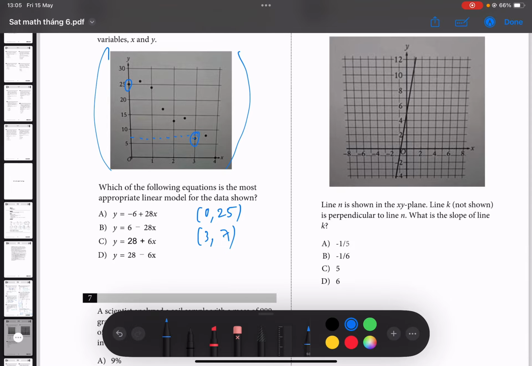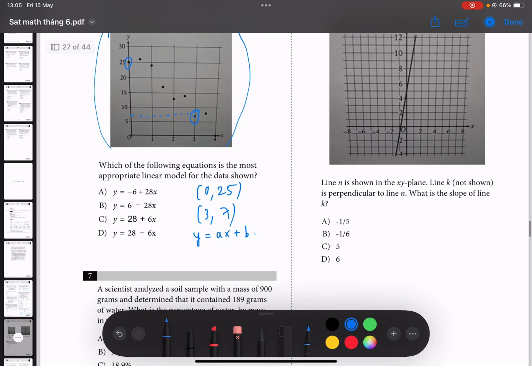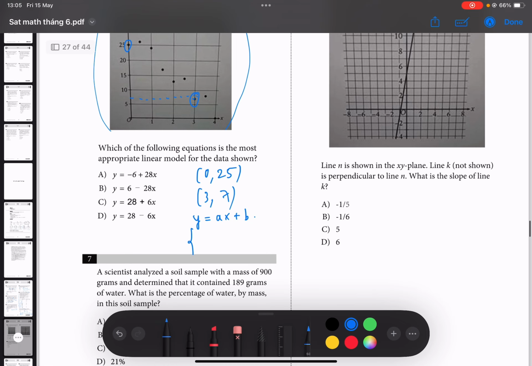So you have these two points, and the linear model will have this formula, y equals ax plus b. You substitute x and y of these two points, and you will have a system of equations: 25 equals 0 plus b, and 7 equals 3a plus b.